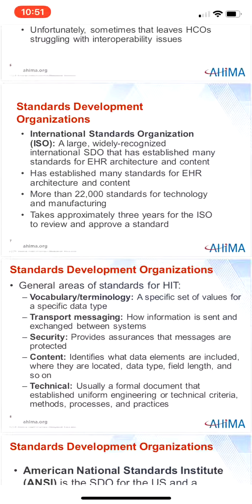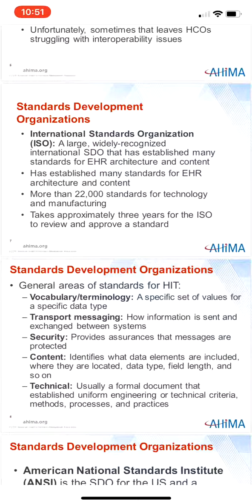Then you have transport messaging. This is how information is sent and exchanged between systems, and our examples are TCP/IP and Direct. Then we have security. This provides assurances that messages are protected. The ASTM Committee E31 on Healthcare Informatics has E31.25 Healthcare Data Management, Security, Confidentiality, and Privacy Standards, and that's our example.